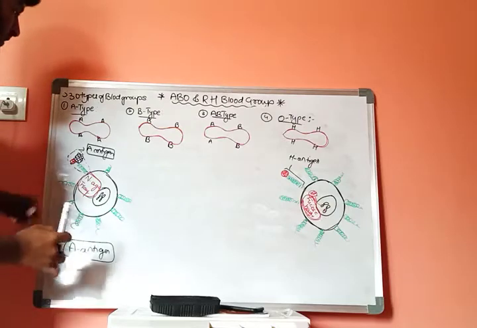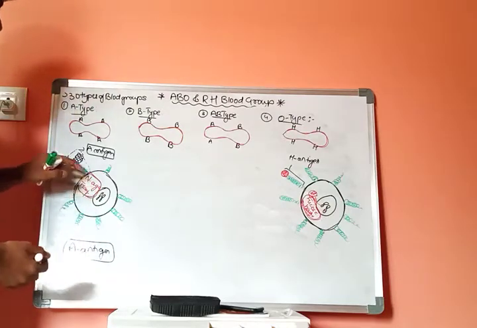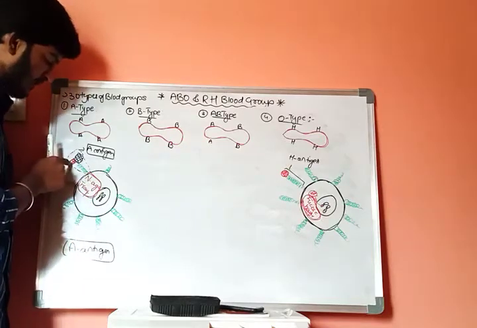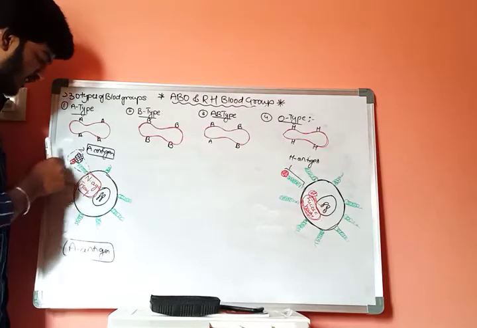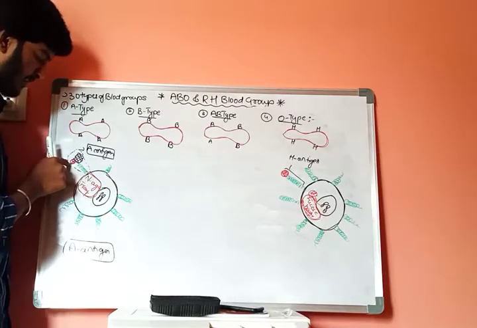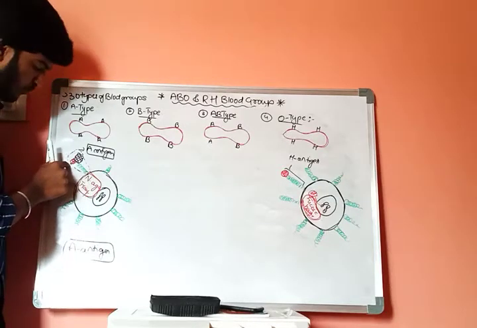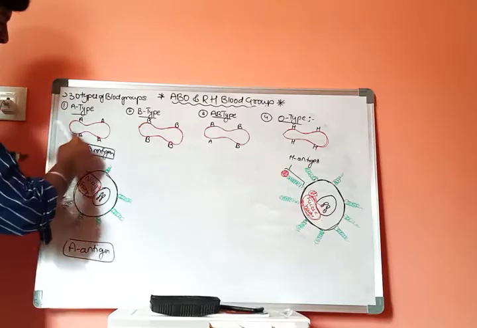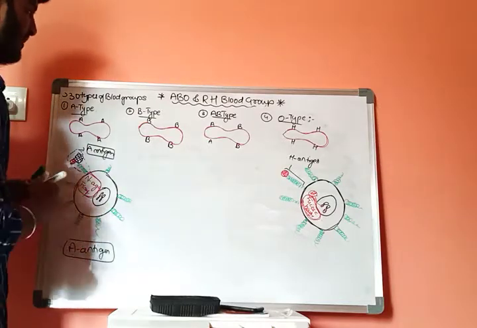This enzyme will detach N-acetyl galactosamine and help in its attachment to this H type of antigen. Now this entire complex, oligosaccharide plus fucose plus N-acetyl galactosamine, combined together is called A type of antigen. This is about A type of antigen.